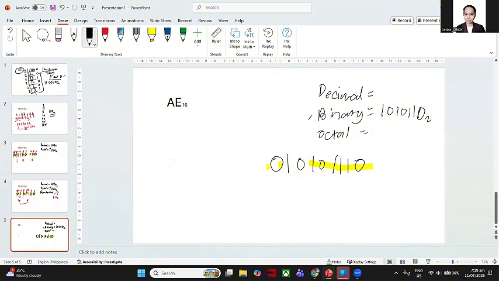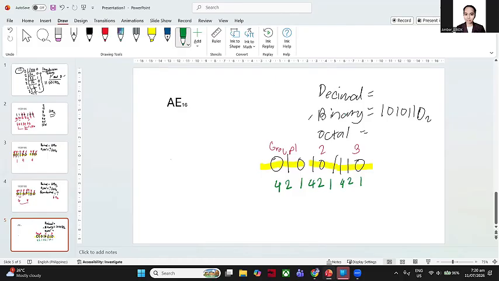So group 1, 2, 3. Now we put the 1, 2, 4 under each group, again 1, 2, 4.